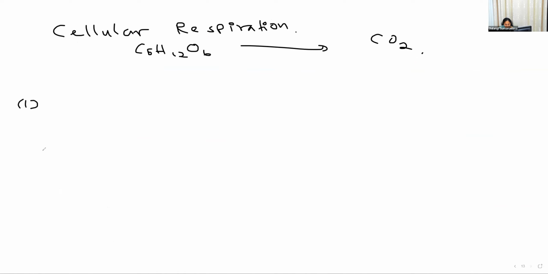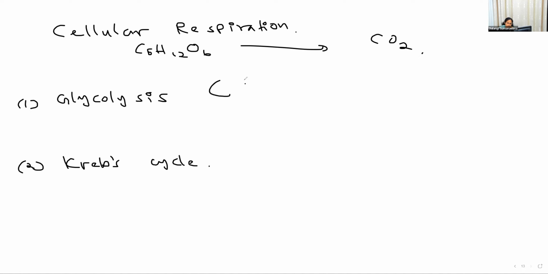So I did glycolysis and then I did the Krebs cycle. Glycolysis is not inside the mitochondrion. Krebs cycle is inside the mitochondrion. It's in the matrix.